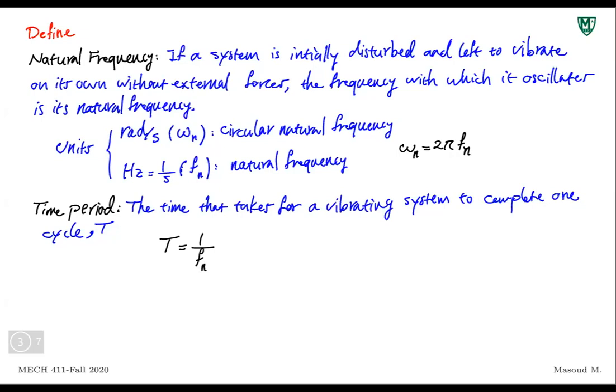You can look at the units and it makes sense. And also, if we replace F with 1 over T in the relationship we got between radian per second and hertz for natural frequency, you can also write it this way. Omega n is equal to 2 pi over T.